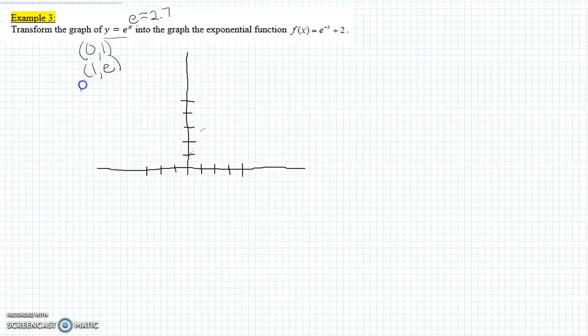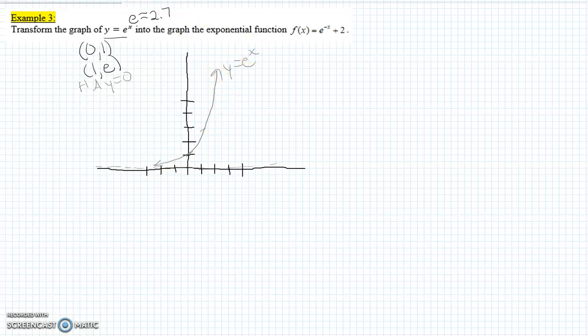And it's got a horizontal asymptote at y equals 0, on the x-axis right here. And so the graph looks something like that. This is our graph of y equals e to the x.